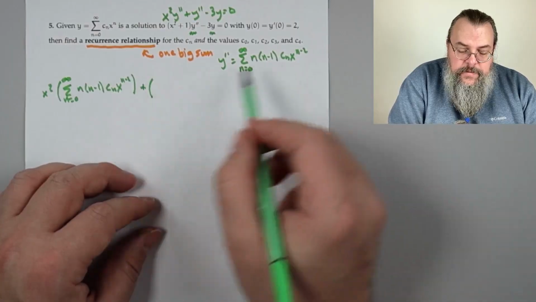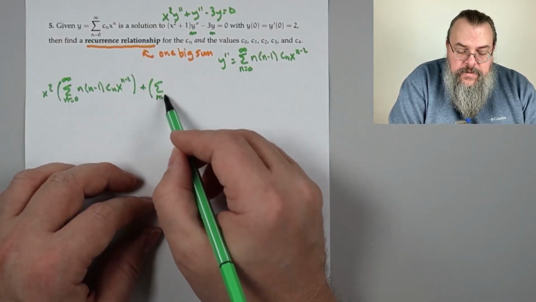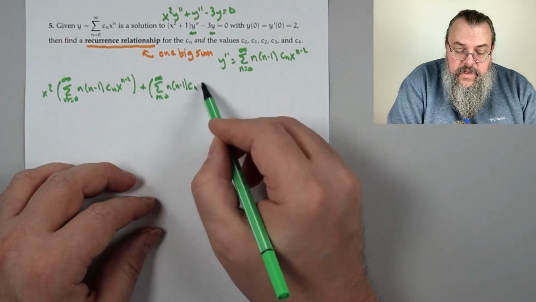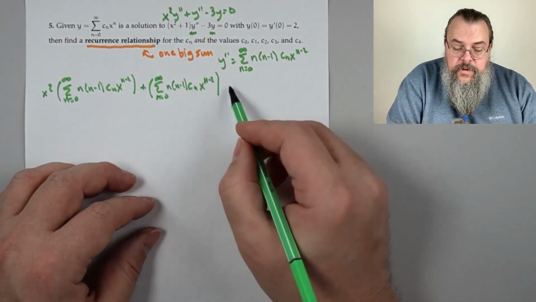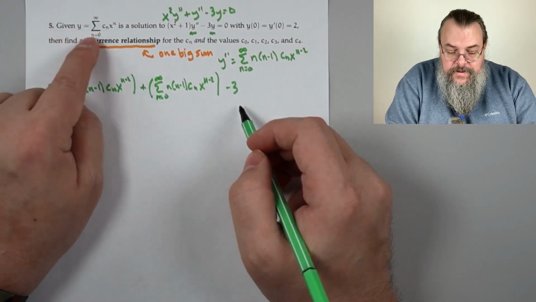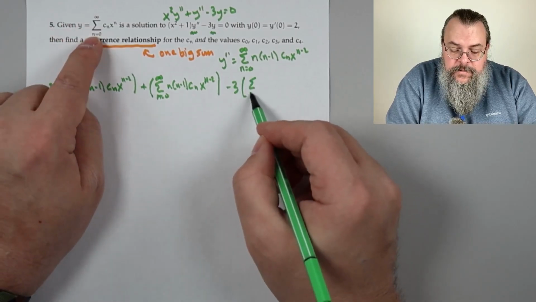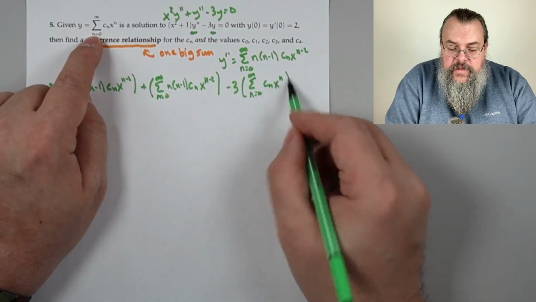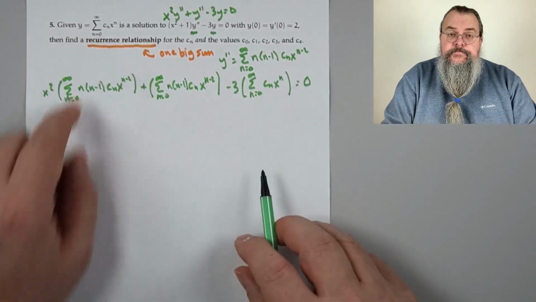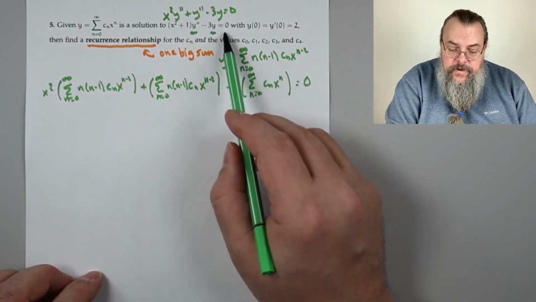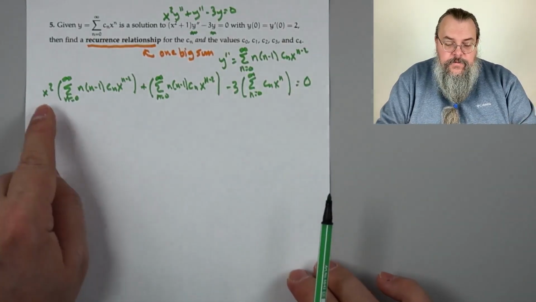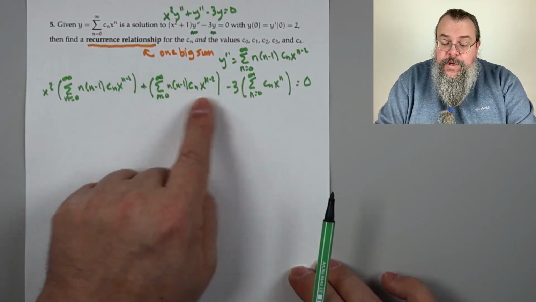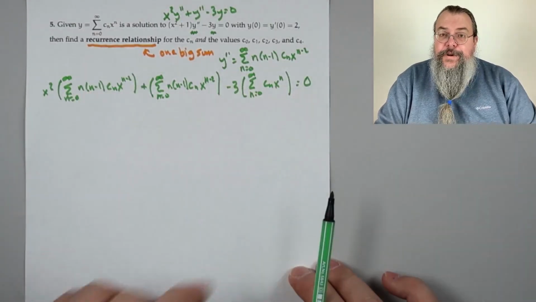Plus y double prime, sum n equals 0 to infinity of n times n minus 1 Cn x to the n minus 2, minus 3y, which is up here, sum n equals 0 to infinity Cn x to the n, equals 0. Okay, and this 0, by the way, is there, right? So let's recap. x squared y double prime plus y double prime minus 3y equals 0.